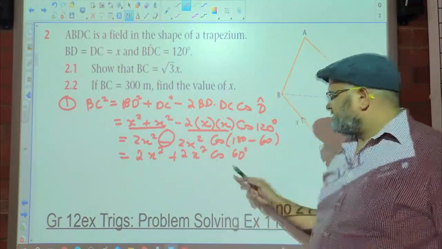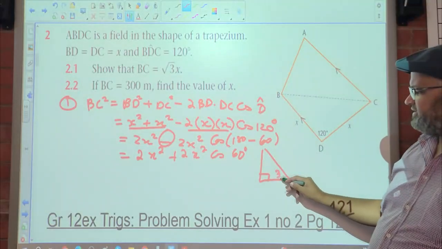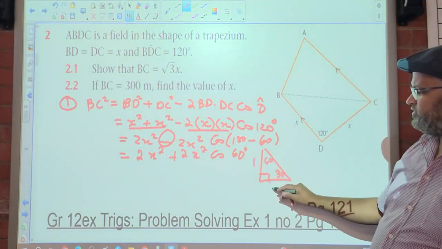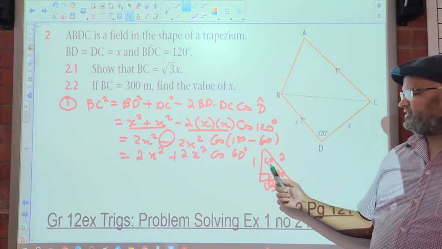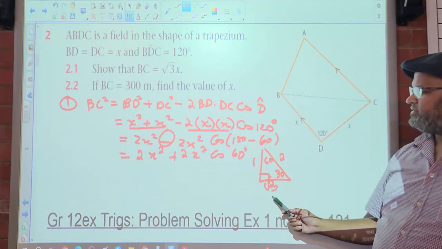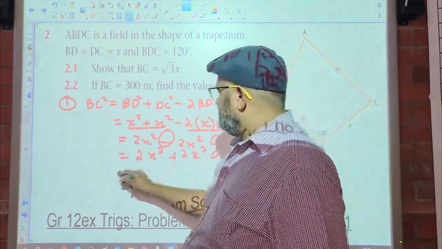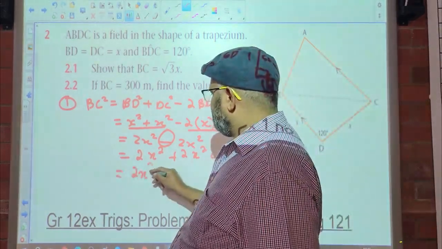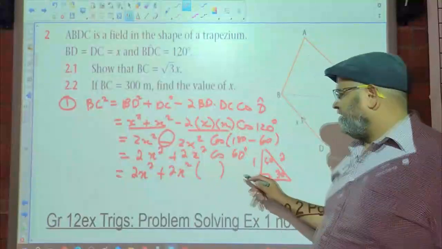But people, cos of 60, that takes you to the special triangle. There's 30, 60, with sides 1, 2, root 3. What is cos of 60? Adjacent over hypotenuse. Okay, so 1 over 2. So it's going to give you 2x squared plus 2x squared times half.